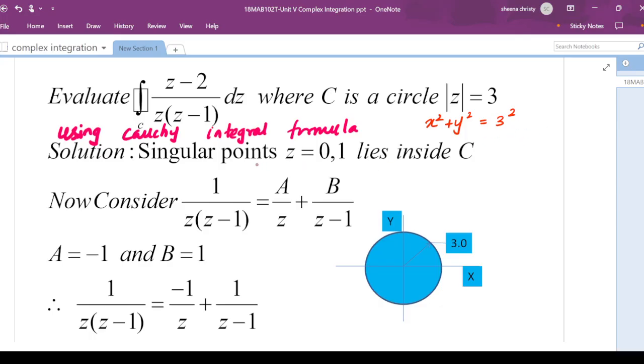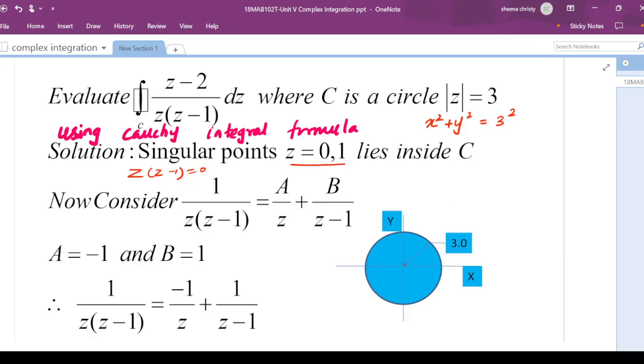So here we have to first find the singular points by equating the denominator of the function, z into z minus 1, equal to 0. You are going to get z equal to 0 and z equal to 1.